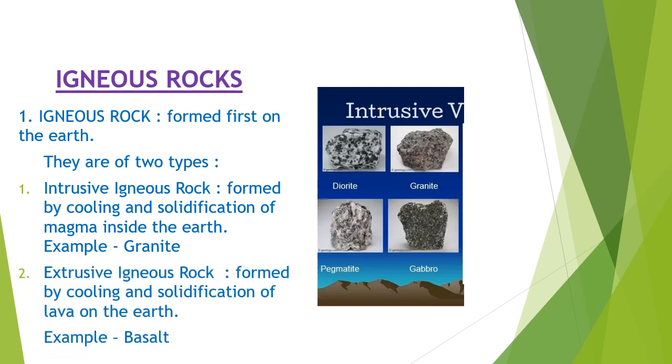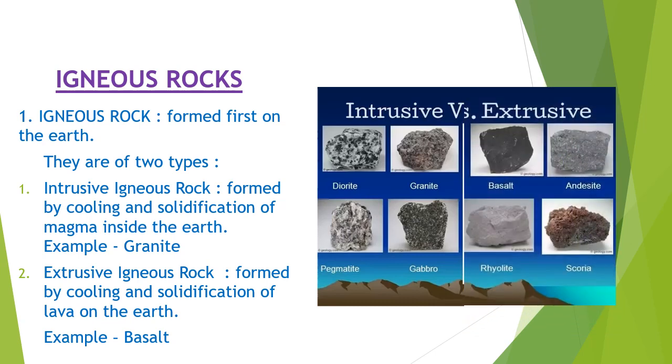Then another type of igneous rocks is called extrusive igneous rocks. This type of rock is formed by cooling and solidification of lava on the earth. Lava is what magma becomes when it comes on the earth's surface through a volcano. An example of this type of rock is basalt.